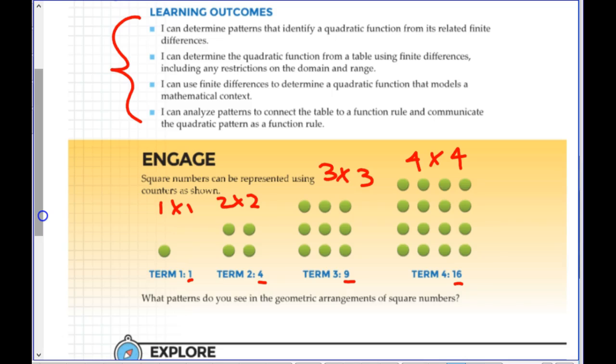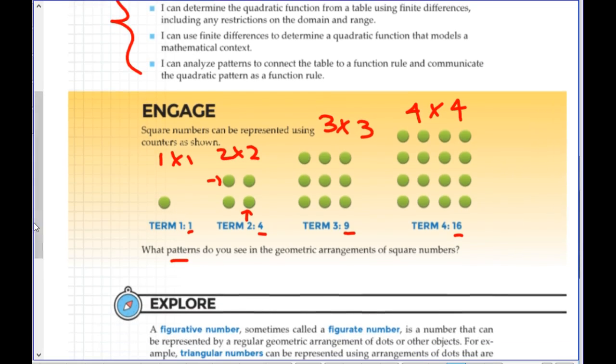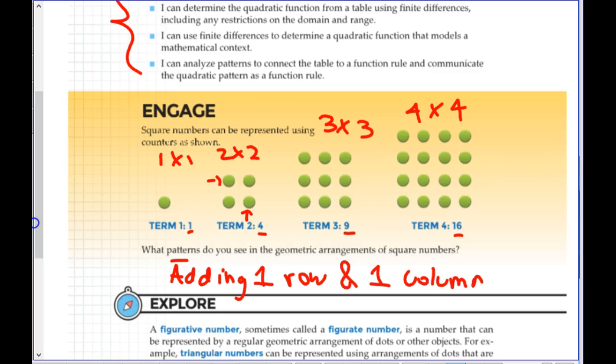So, what pattern do you see in the geometric arrangements? Okay, so the pattern, what's being added each time is a row and a column. Does that make sense? So like you had 1 row and 1 column. There's overlap there, but okay. 1 row and 1 column each term.